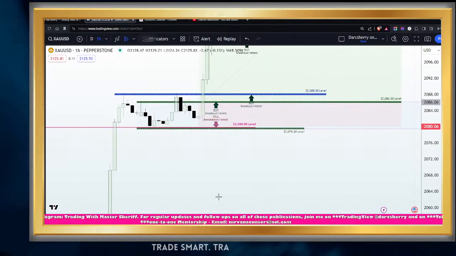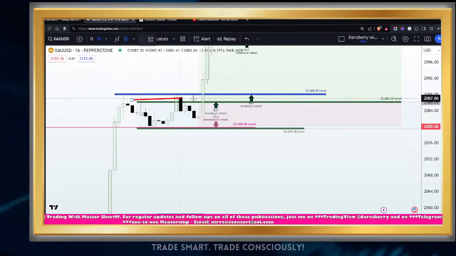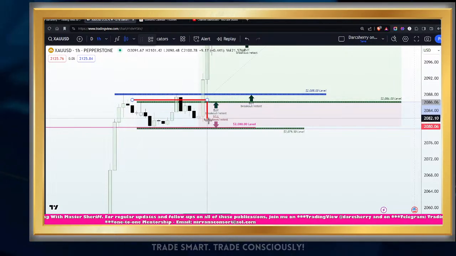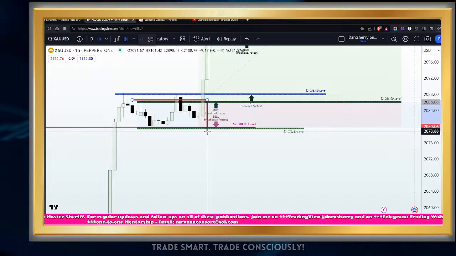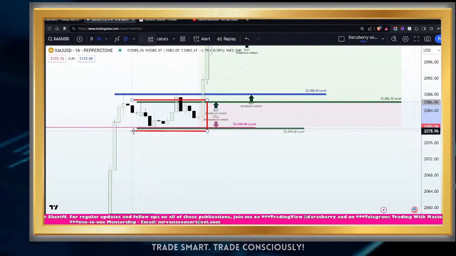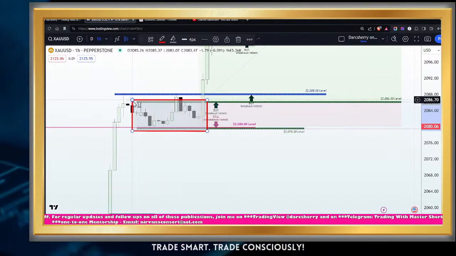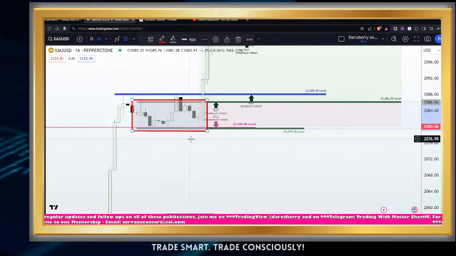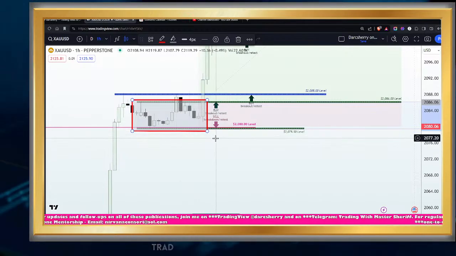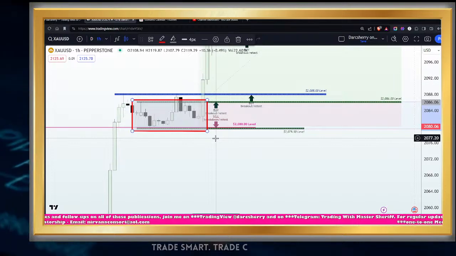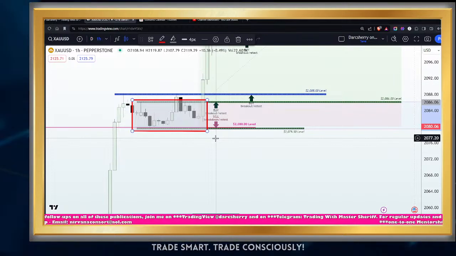It was more of a range-bound trading activity during the first 6, 7, 8 hours of the week, as we saw price confined within the $2,086 level and the $2,079.50 area, emphasizing the prevailing uncertainty in the market at that point in time.